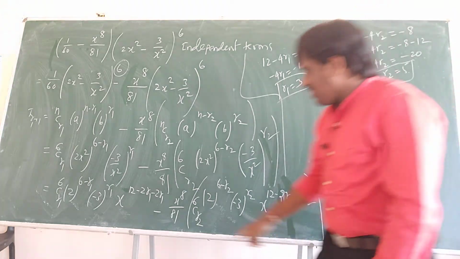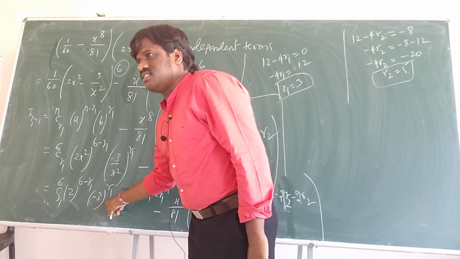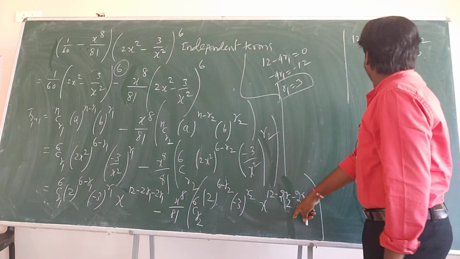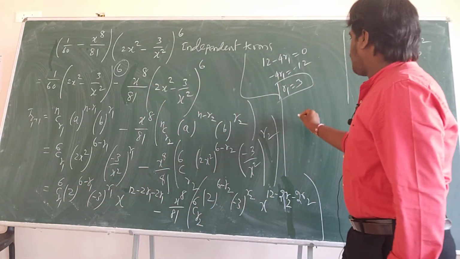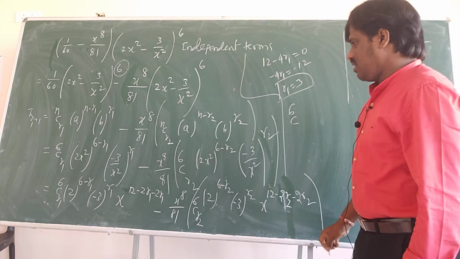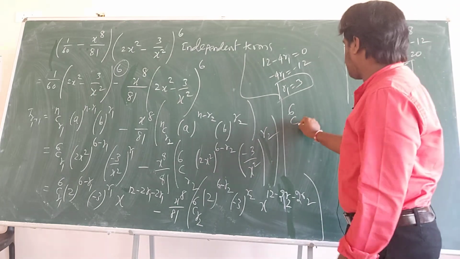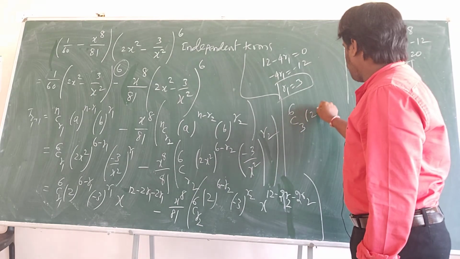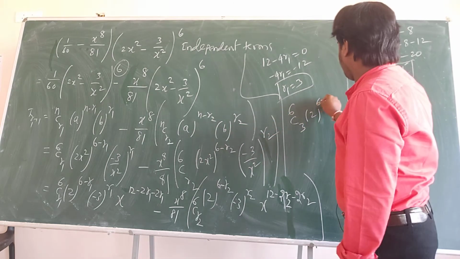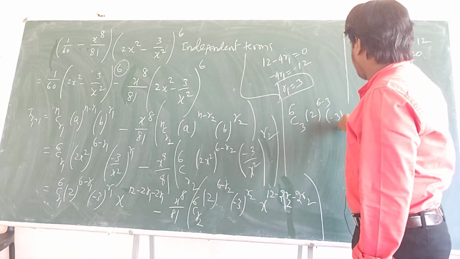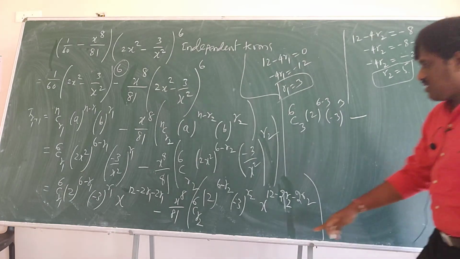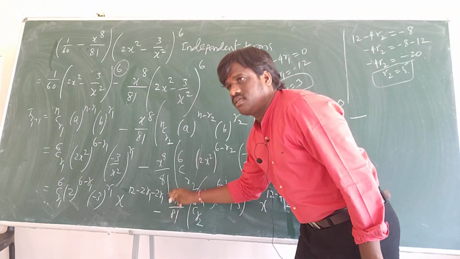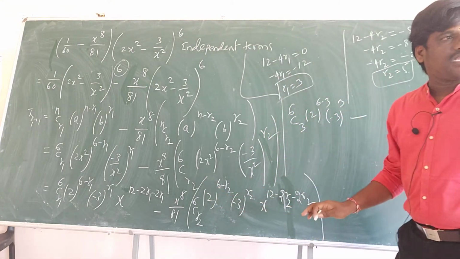So in this you substitute r1 is 3, in this you substitute r2 is 5. So what is the final answer here? Final answer is 6C3, 2 to the power of 6 minus 3 into minus 3 to the power of 3, minus, this I write as 1 by 81. X power 8 is not there, right?